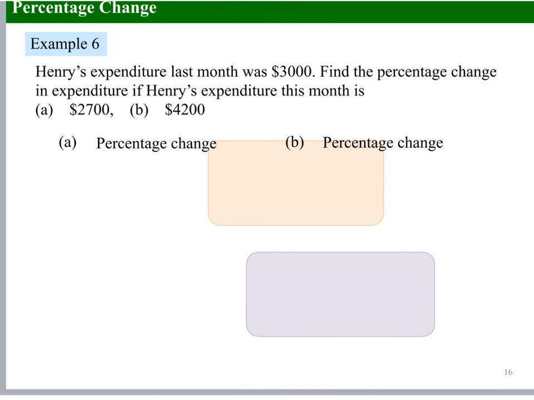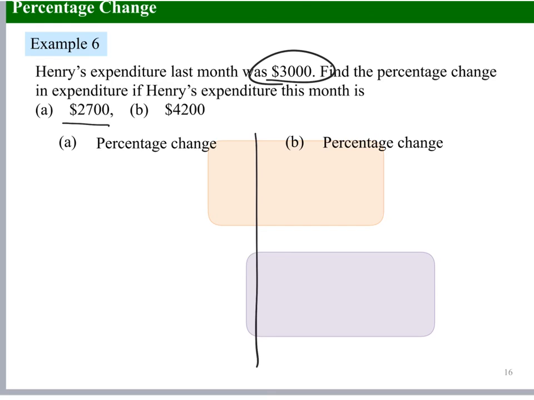Alright, this is an example. The original is 3,000, and the new value is 2,700, which is less than the original value.